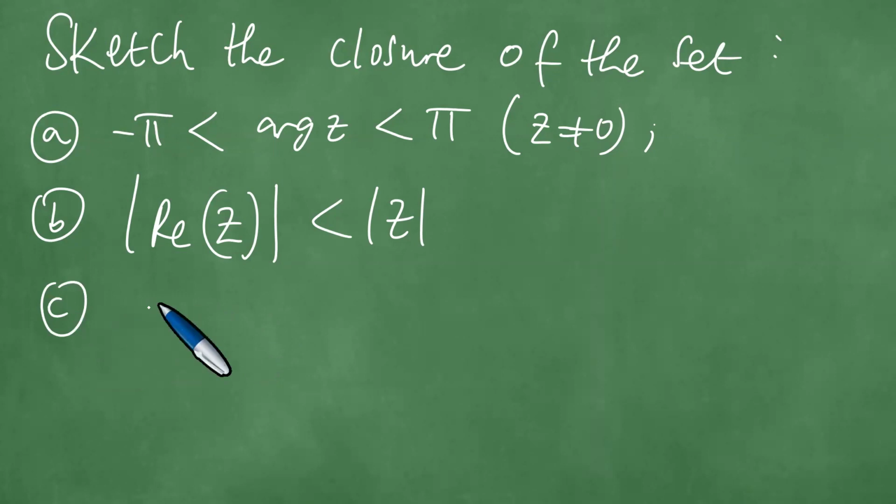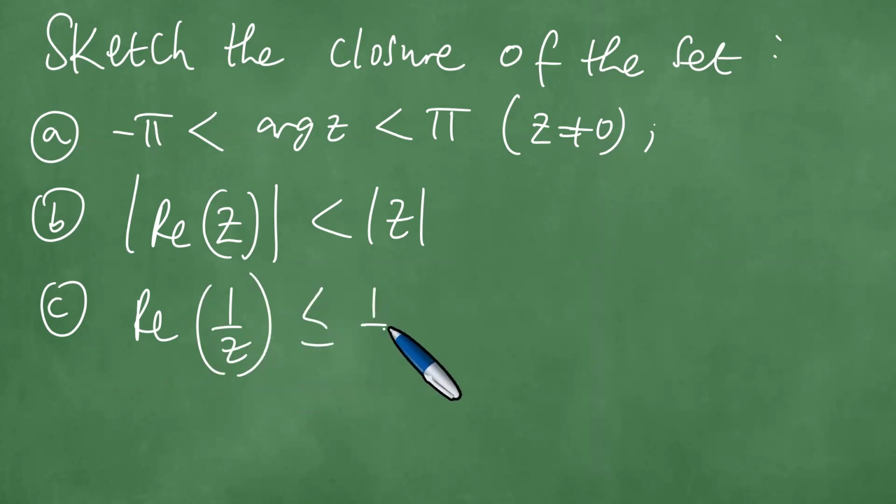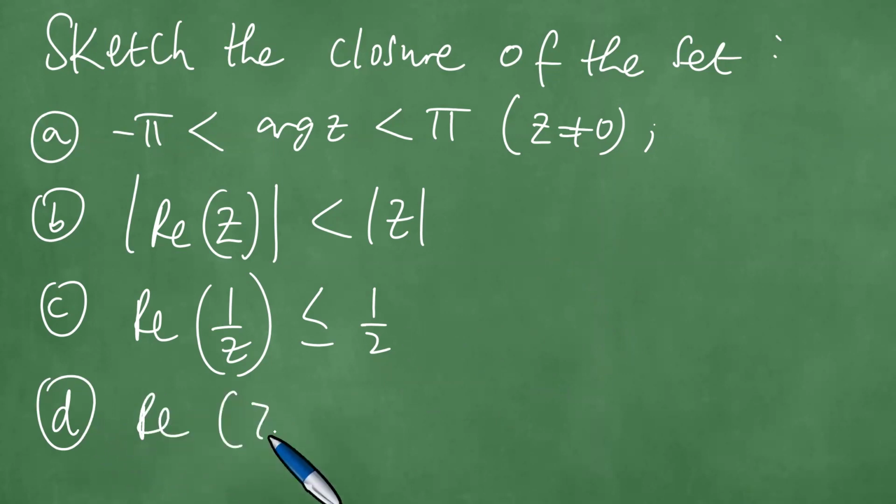C, the real part of 1 over z is less than or equal to 1/2. D, the real part of z squared is strictly bigger than 0. But yeah, let us sketch the closure of the set in each case.